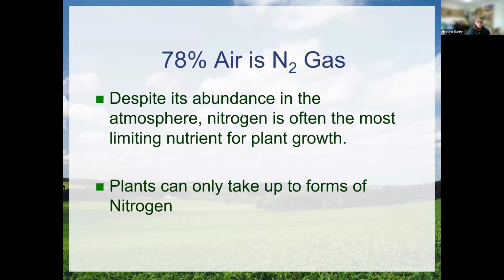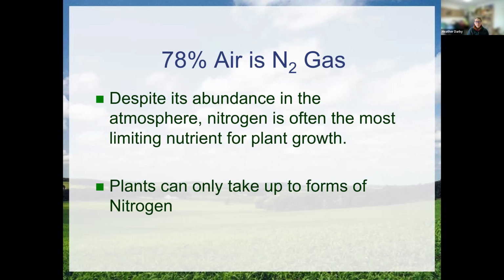Now, interestingly, nitrogen tends to be the most limiting nutrient in agricultural production systems, right? Most farms have to add nitrogen annually, and most farms have to add quite a lot of it to grow the crops that they're growing.